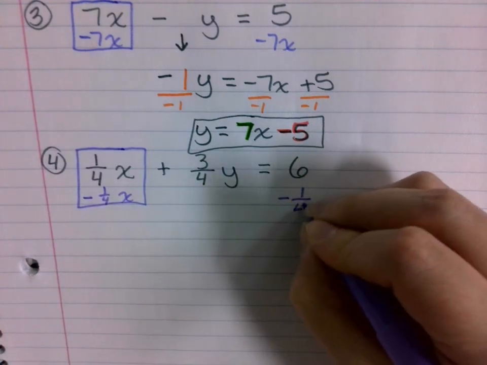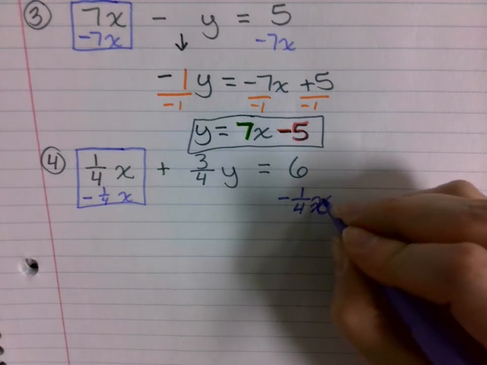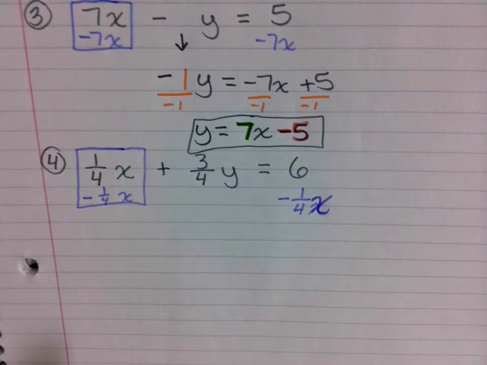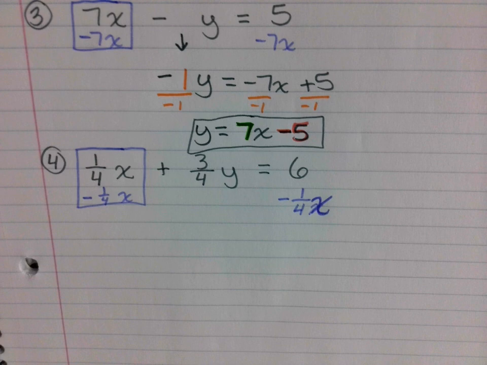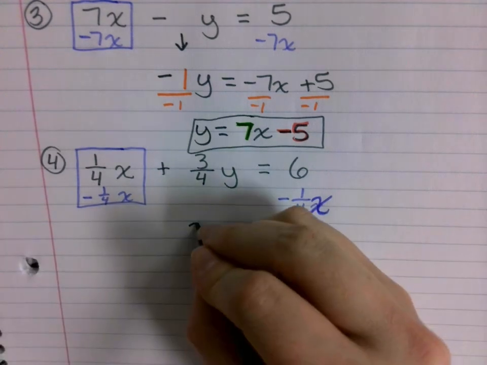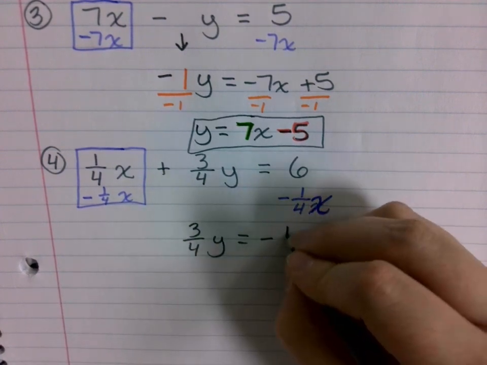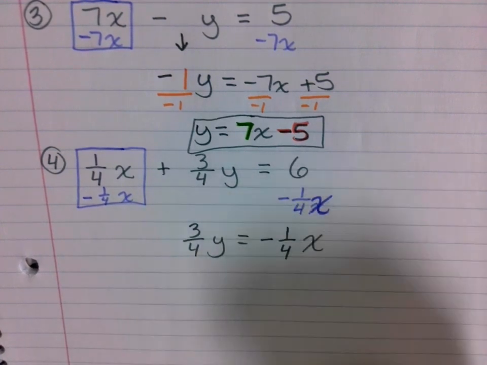It doesn't matter that this is a fraction, it's still going to be the same thing. If it's a positive, you would subtract it. If it was a negative, you would add it. Okay, we're moving the whole thing to the other side. That's going to leave us with a positive 3/4 y is now equal to a negative 1/4 x plus 6.